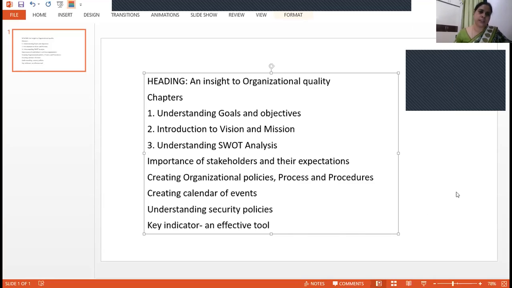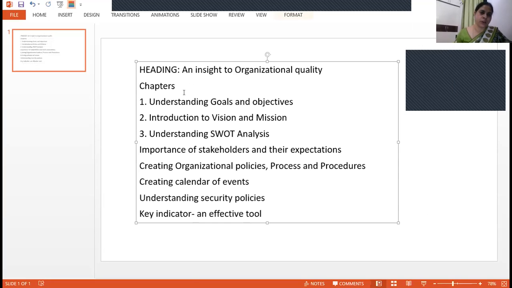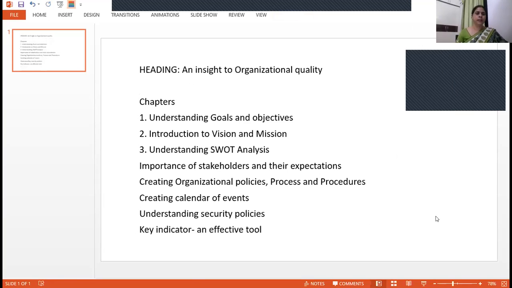This is what the thing was. My idea was that we will keep a heading to the book as Insight to Organizational Quality, and under that we can take the broader headings as the chapters, like understanding goals and objectives, introduction to vision and mission, then understanding SWOT analysis, then importance of stakeholders and their expectations, creating organizational policies, process, procedures, creating calendar of events, understanding security policies, then key indicator as an effective tool.